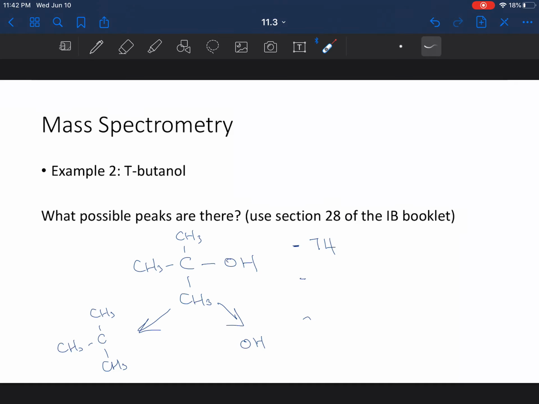So you're going to have 74 minus 17, which is 57. So you'll have a peak at 57. Same idea here. If you lost this whole thing, you're looking at 74 minus 45, so most likely you're going to get a peak at 29.